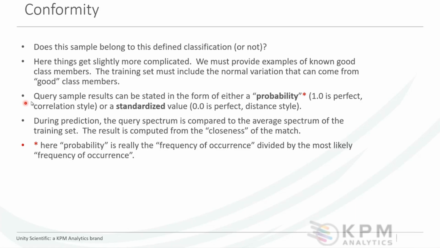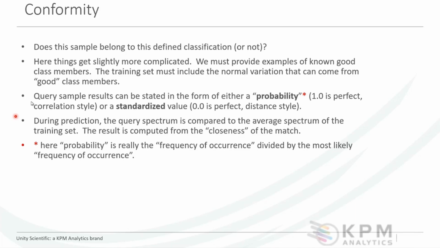If we are using the probability type of result, 1.0 is perfect. This is similar to a correlation of 1. If we are using a standardized value, 0 is perfect, and there's no limit. So the further that we're getting away from 0, the more dissimilar we are, and the less our sample is conforming to the good product.